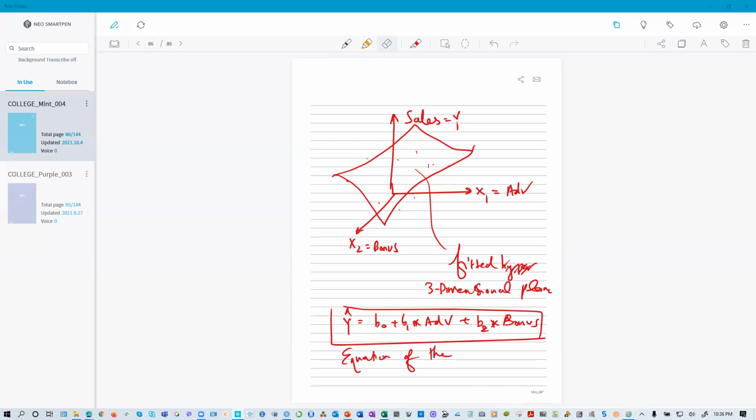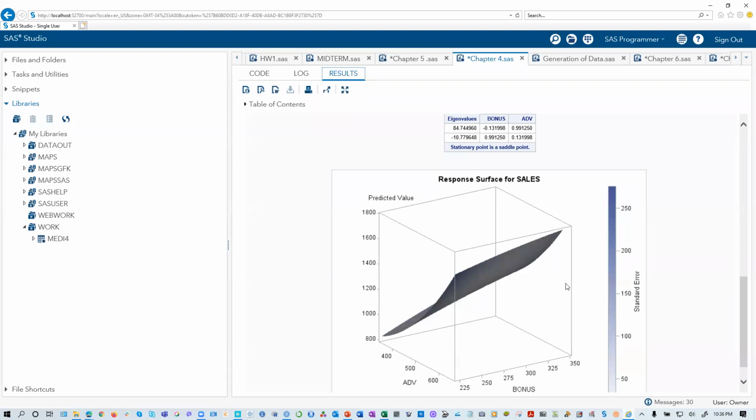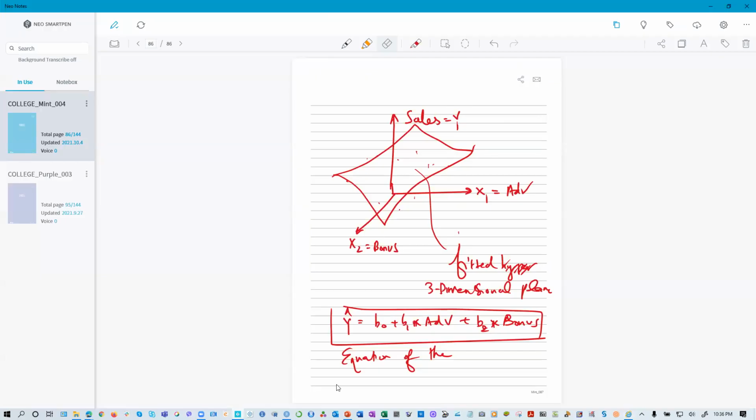response surface. I'm going to use that word. Another one here is RS, the response surface, a three-dimensional surface. You know that this is a response. Response has a surface now.